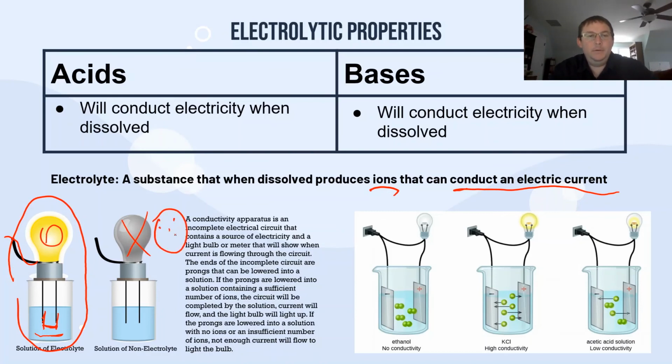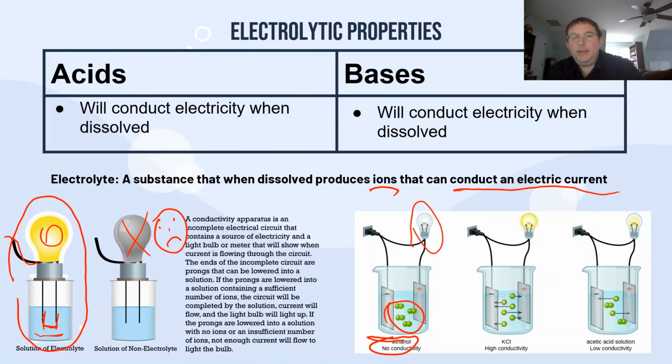Nothing happens. All right. So this is just a conductivity apparatus to allow us to test if something is an acid or a base. Now, to get more technical, we have non-electrolytes, strong electrolytes, and weak electrolytes. A non-electrolyte, such as ethanol, isn't going to produce ions, therefore does not light up the bulb at all.